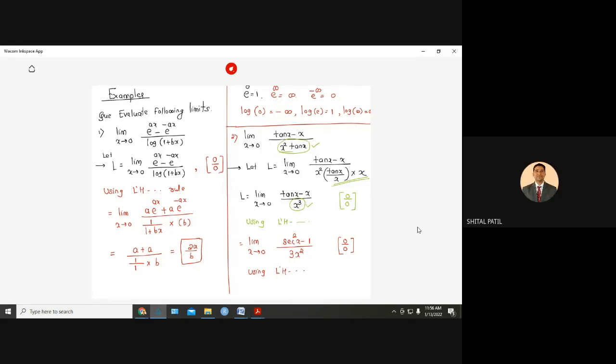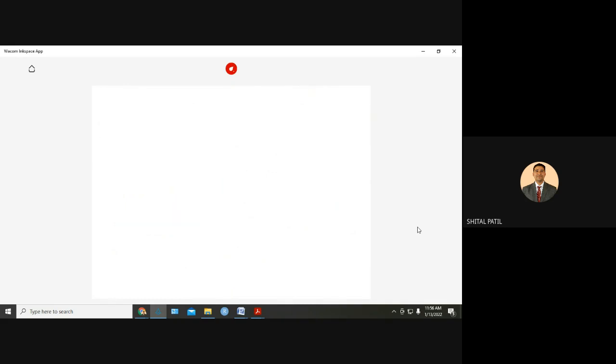So now the derivative of the numerator is 2 sec x, and the derivative of sec x is sec x tan x, and then it was 6x, and then I can use the standard formula for tan x by x, that is 1.